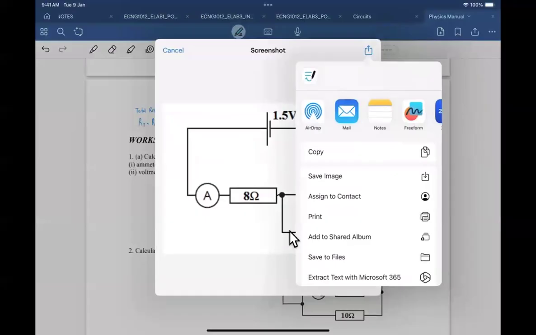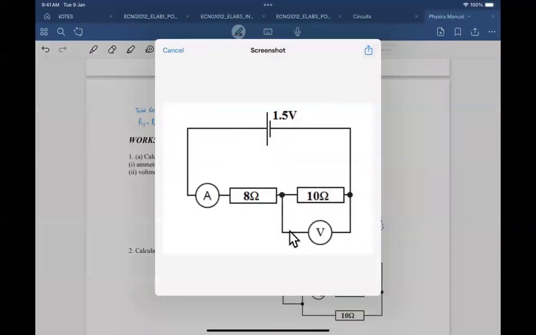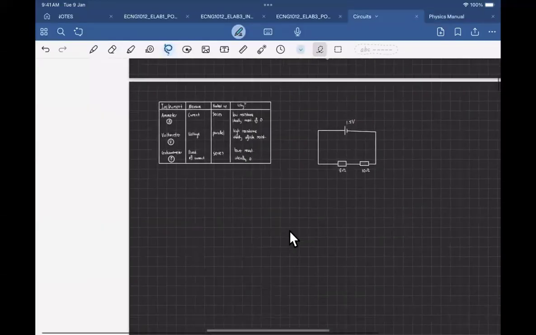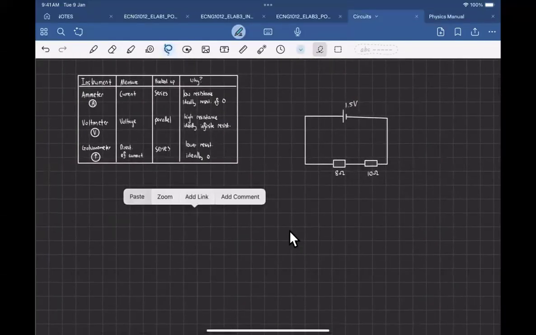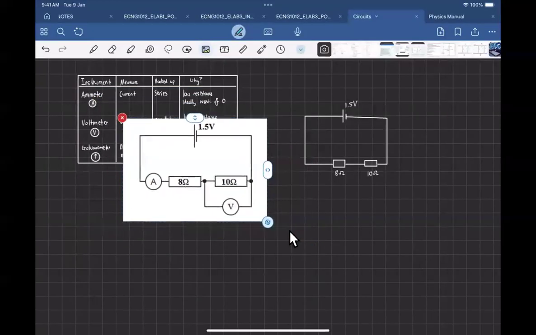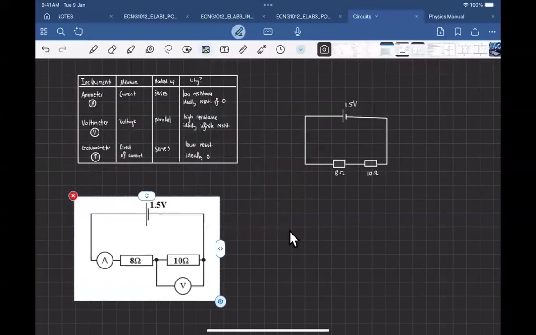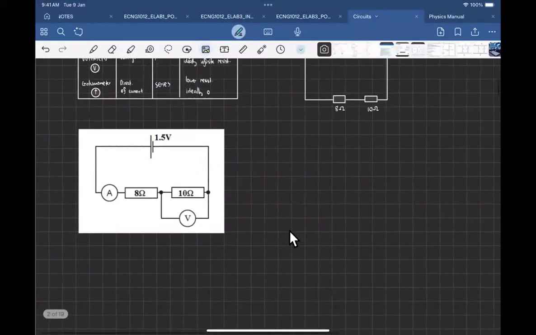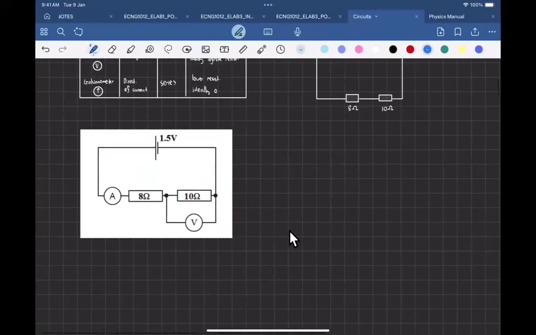Parallel circuits. Yeah. Okay. Justin, after this, you should understand it. I hope. This is my hope.